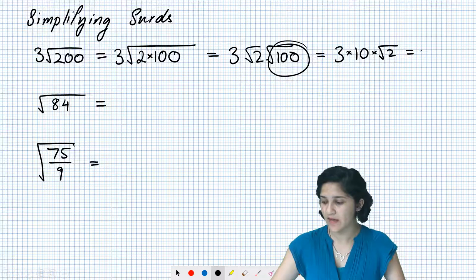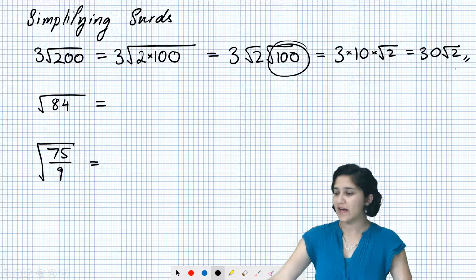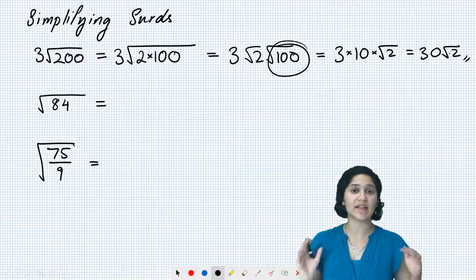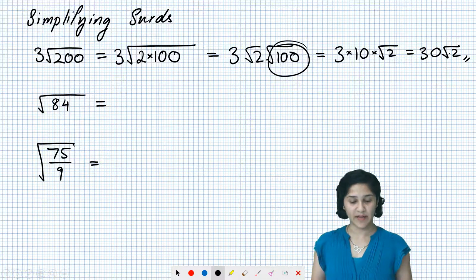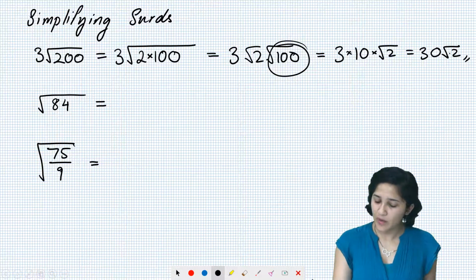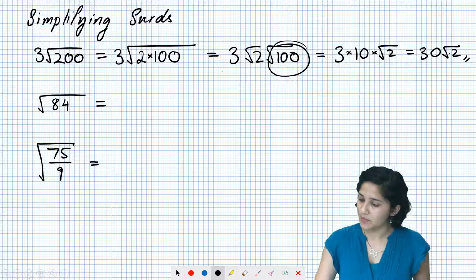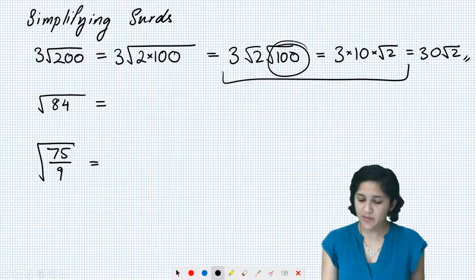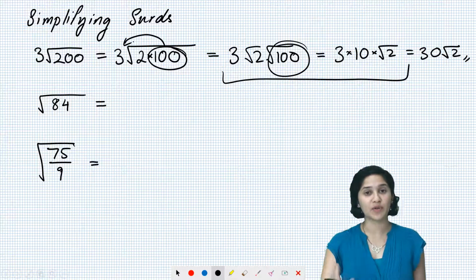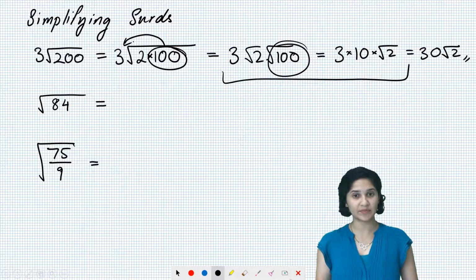So I could just write that as 30 root 2. Okay? And now because there's no perfect squares left inside the square root, that means the surd is completely simplified. Alright? So if we look at what happened here, I can skip these two steps and just immediately say that since this was a square, it comes out and multiplies the coefficient of the surd.